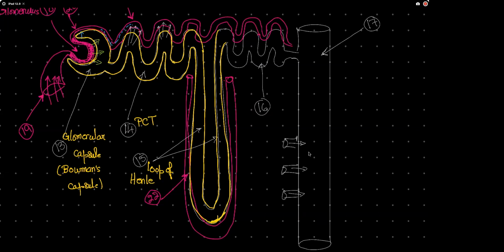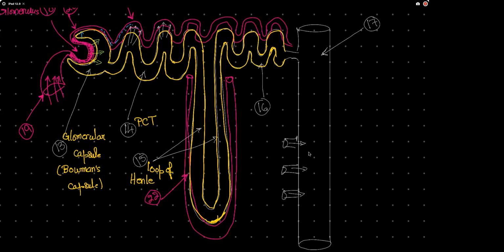And I've got another set of convoluted tubules. This time they are located away from the Bowman's capsule, away from the point of origin. What would we call those? This set of convoluted tubules.